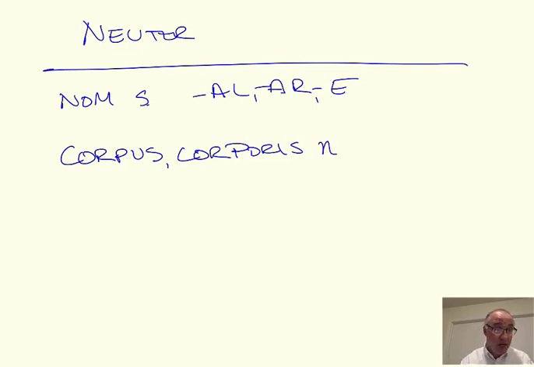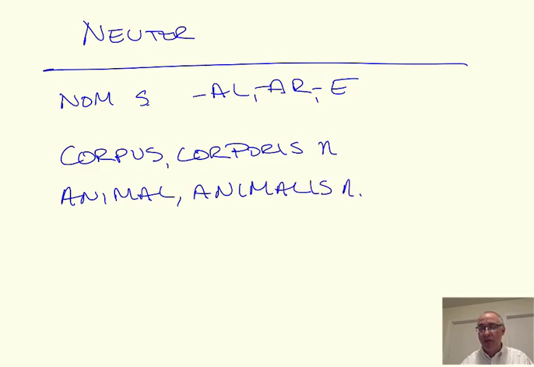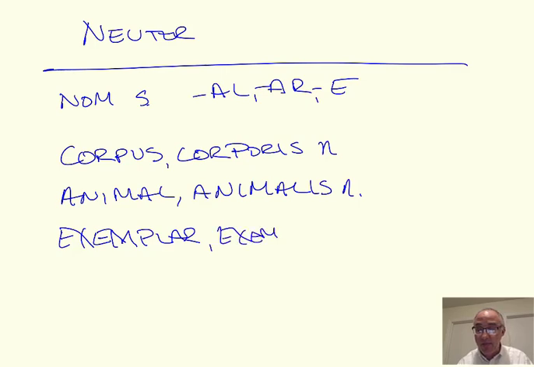No. What about animal? Animal, animalis. Neuter. Does the nominative end in AL, AR, or E? Yes. Exemplar, exemplaris. Neuter. Does that end in AR, AL, or E? Yes. That's all it is.